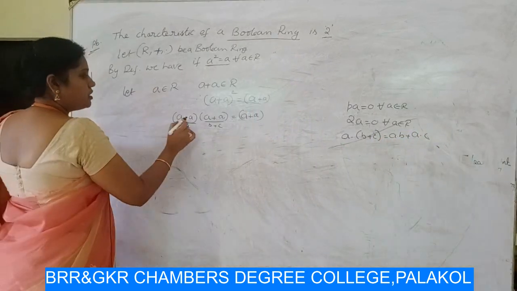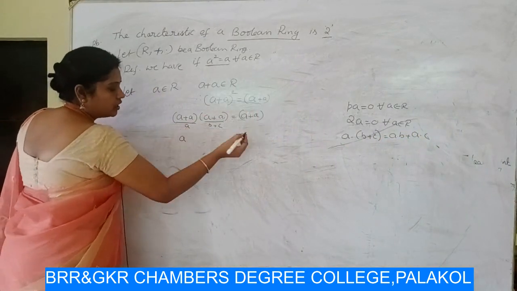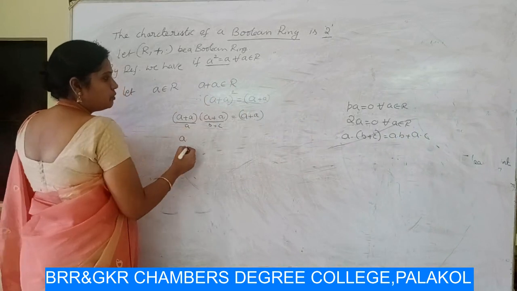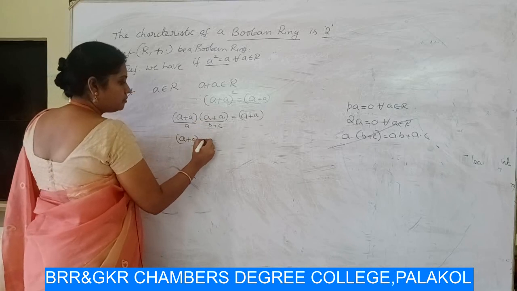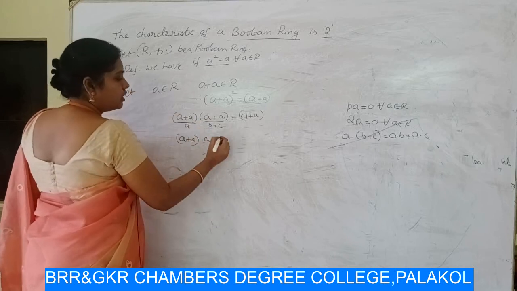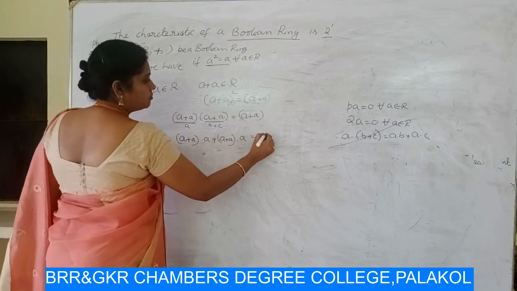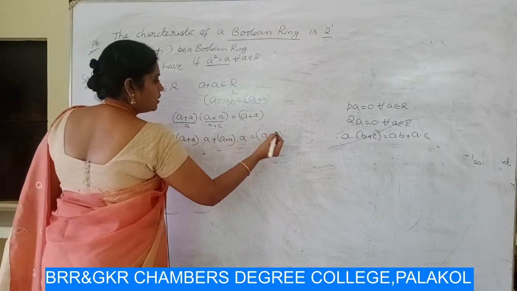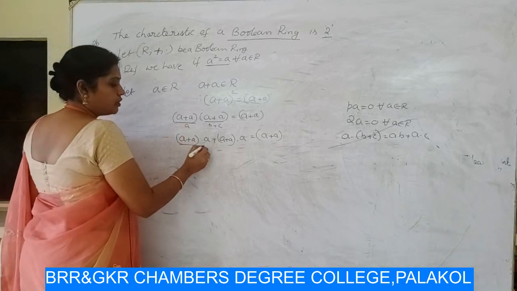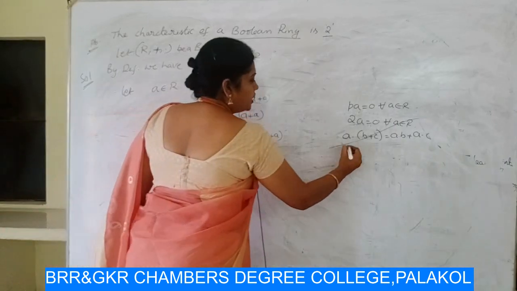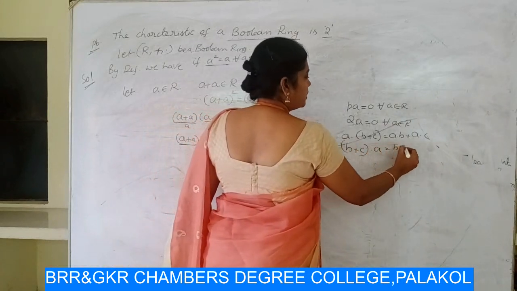So a plus a into a plus a can be written as a dot b plus c, means a dot a plus a dot a. The right side is a plus a. Again we apply the right distributive law to this product and this product. The right distributive law is that b plus c dot a is equal to b dot a plus c dot a.